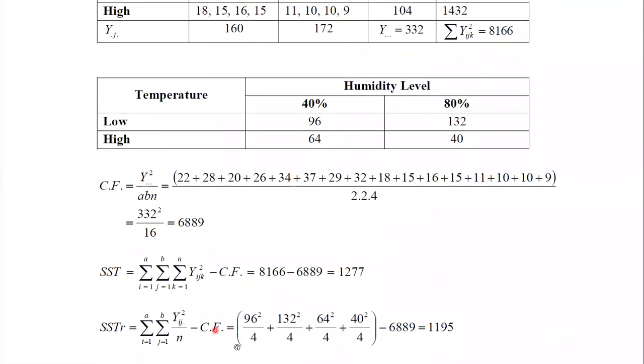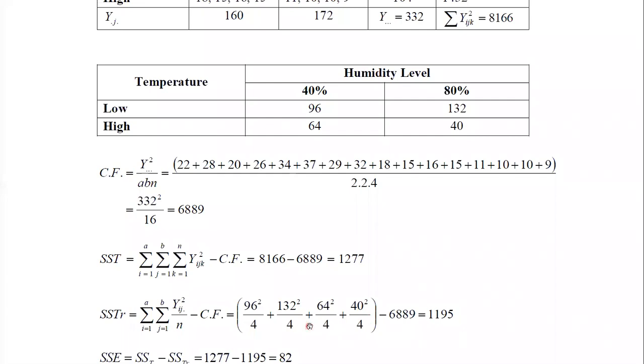Since 4 is common for all, after adding these square terms, you can even divide all the terms by 4 at the end. And the correction factor has to be subtracted from this quantity. Then it leads to the answer as 1195. You can go through these calculations and perform them by yourselves also.